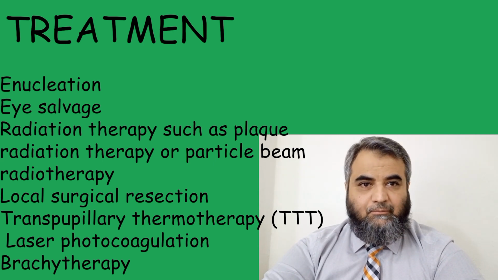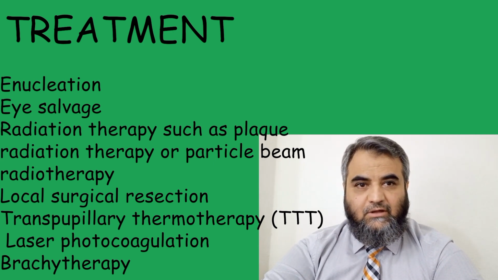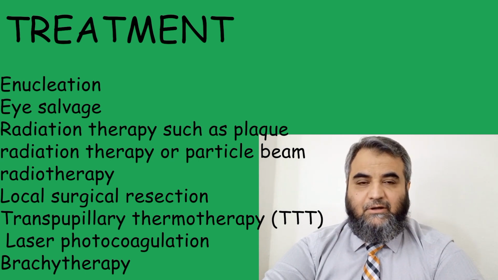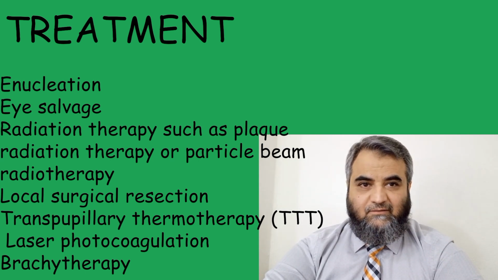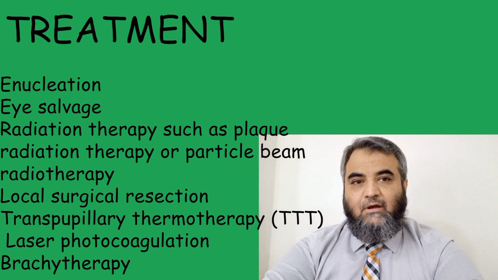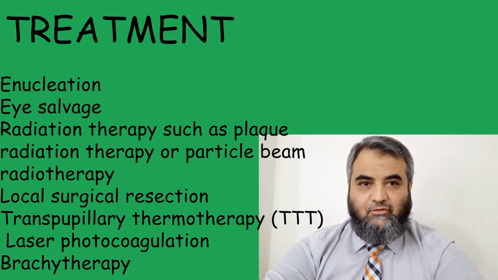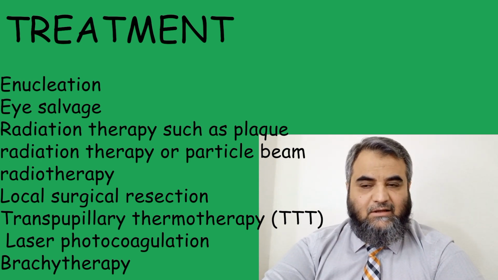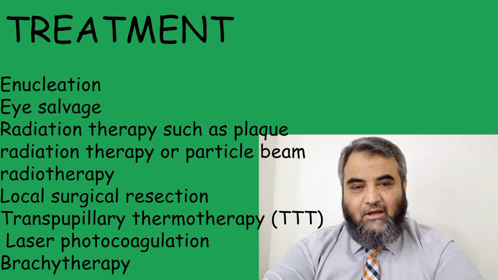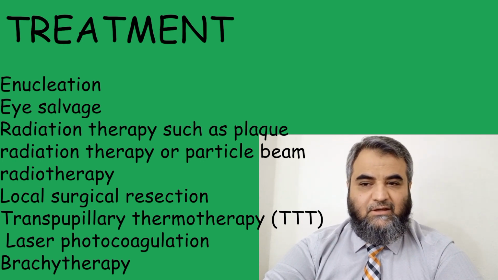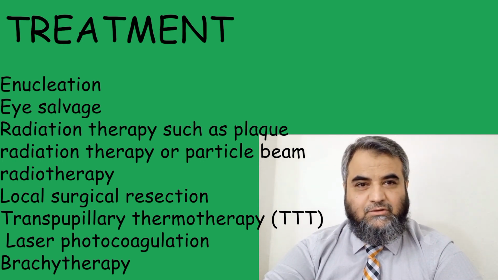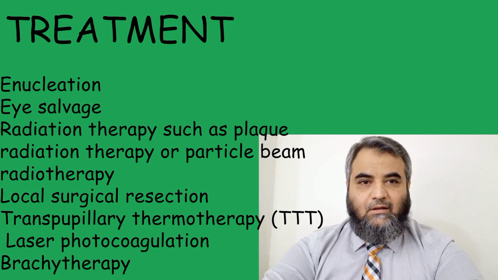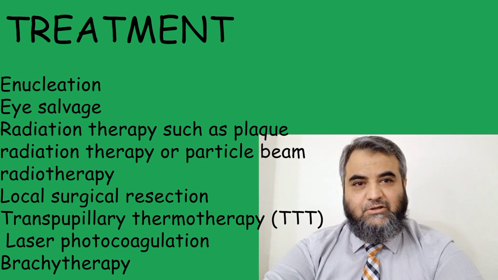The classical approach was enucleation, but depending upon the size, eye-salvaging procedures can also be done, for example plaque radiotherapy, particle beam radiotherapy, and local surgical resection, along with transpupillary thermotherapy and laser use. All these can be done, but it depends upon the classification and at which stage the patient has presented to us.